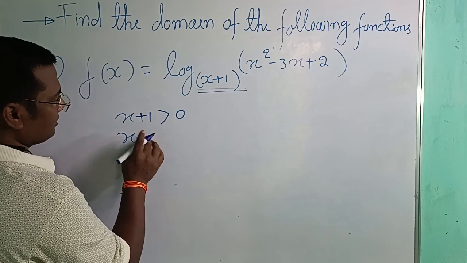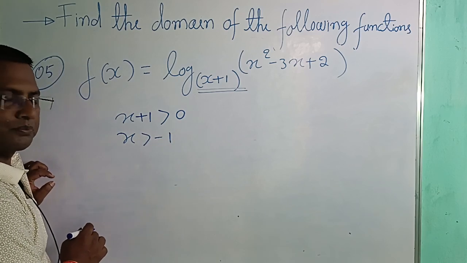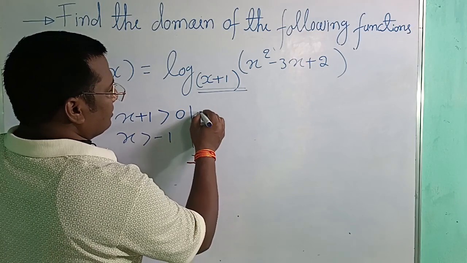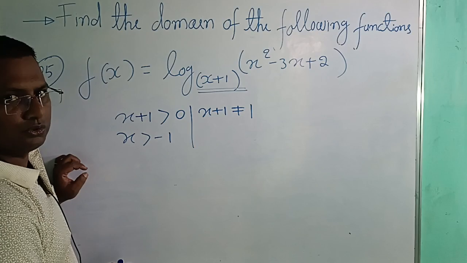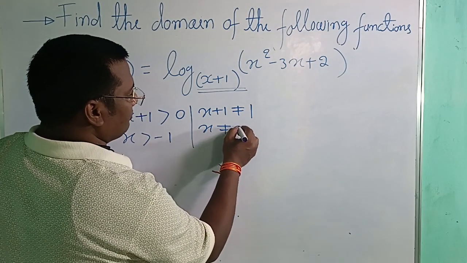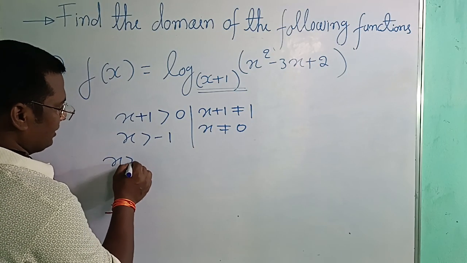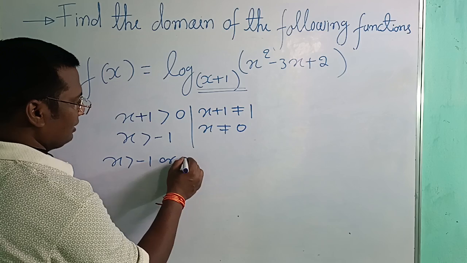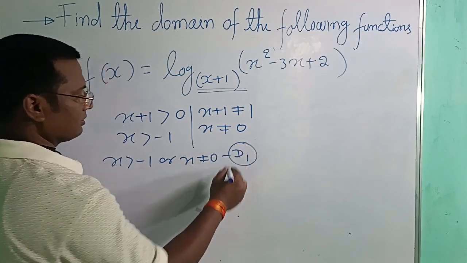So x must be greater than minus 1. Again, this x plus 1 should not be equal to 1. Base should not be equal to 1. So x should not be equal to 0. So x greater than minus 1 and x should not be equal to 0. This is domain number 1.